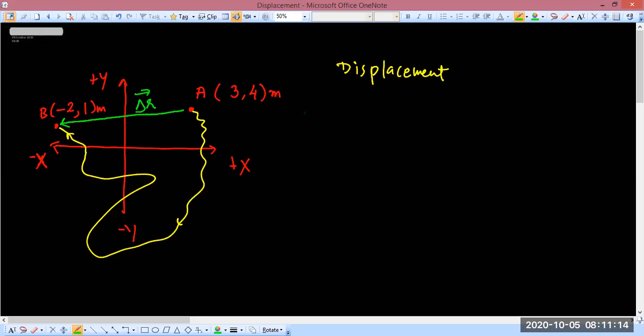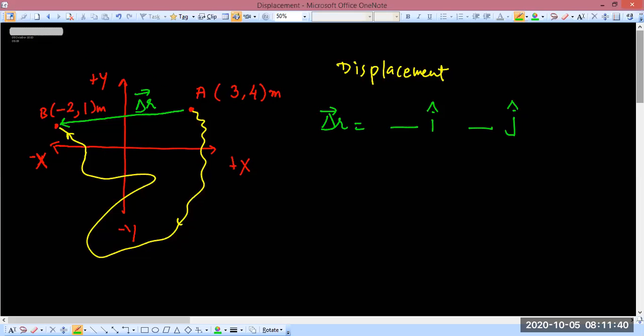Okay, so if you would consider only the maths right now, I want to write this in form of i caret and j caret. All right, that's what I want to do. That's what all of you should learn. This is a very important way, a very important notation. Okay, so if we want to write this vector in form of i caret and j caret, how would we write it?